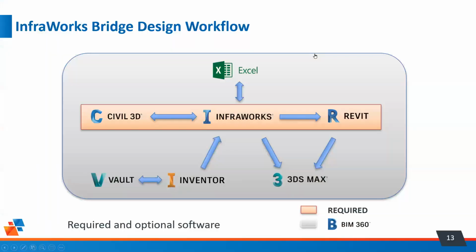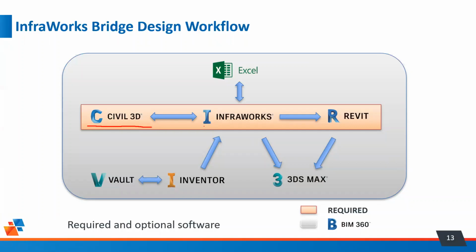Okay, so let's just do a quick review of what we covered. We took a look at the early design portion in Civil 3D, so basically creating the base plans and the road alignment and corridor.